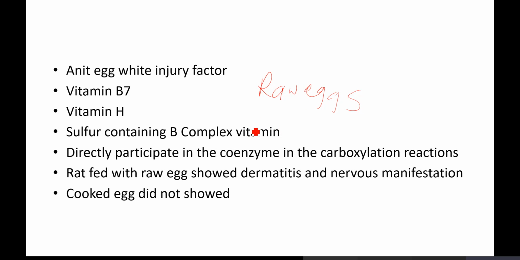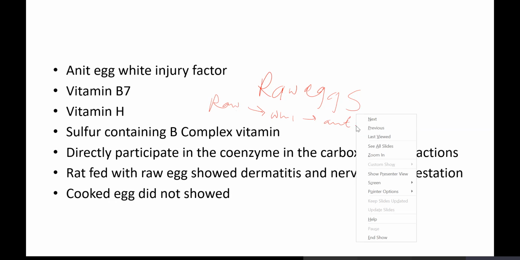It was later shown that the egg white injury in the rat and other animals was due to the presence of an anti-vitamin in the egg white. If you consume raw egg white, albumin has an antivitamin.